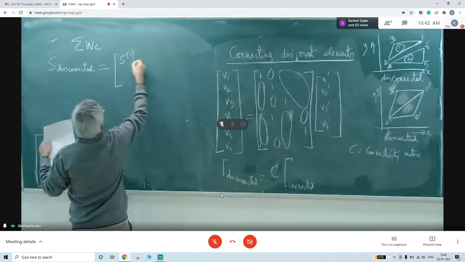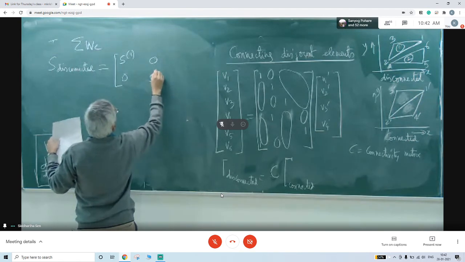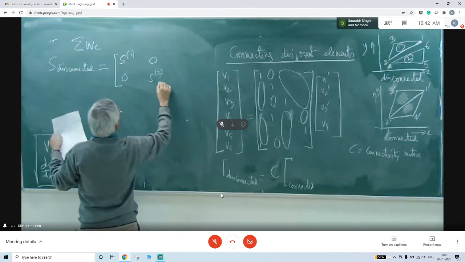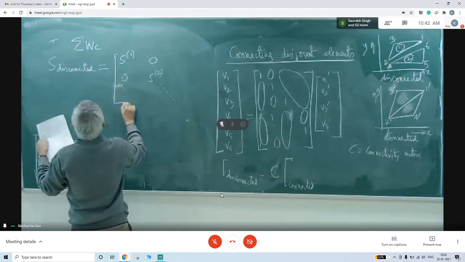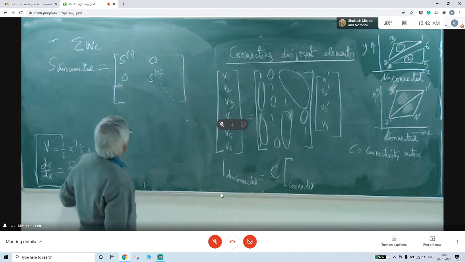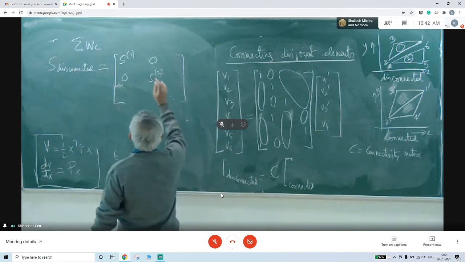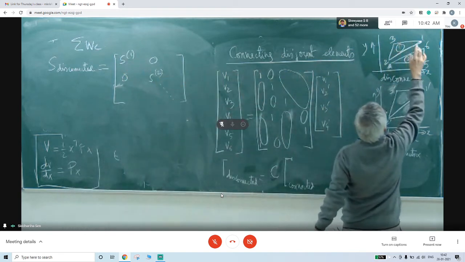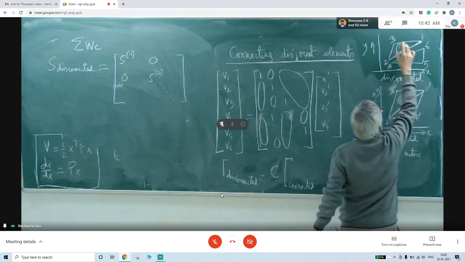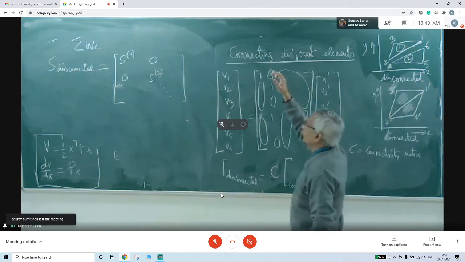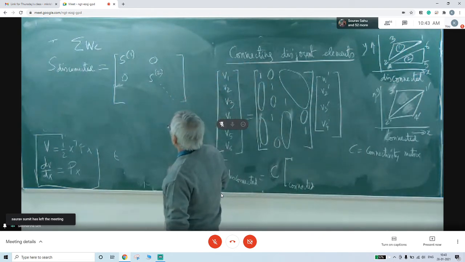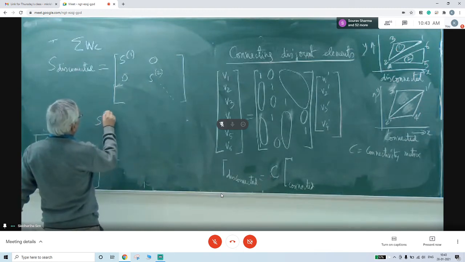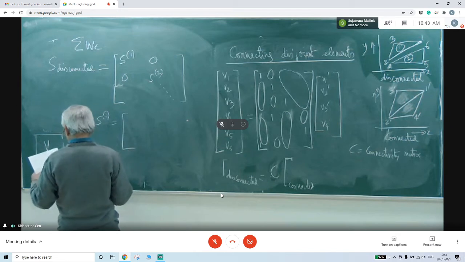Each one will have an S matrix which is independent, so again we go back to the disconnected. Each one will have an S matrix, this one and that, S1, S2, S3, S4, like this.